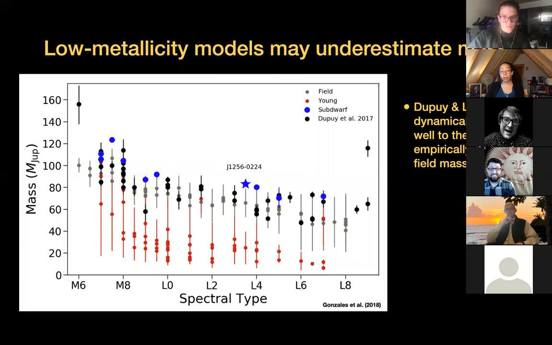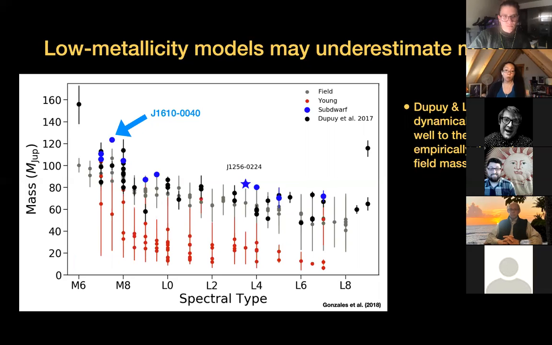If we look at subdwarfs, however, we see that these are landing on top of some of these dynamical masses, and they're not landing very far above the field objects. So to figure out what's going on, we really need dynamical masses of subdwarfs. In this sample, we have a dynamical mass for one object, which is J1416. It's a binary.